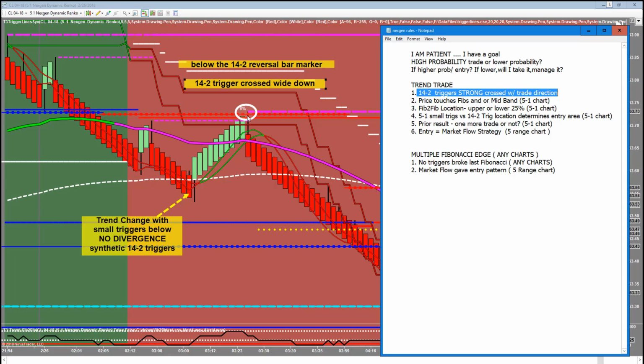And again, when you focus in on looking for high probability trend trade shorts, the other thing you're going to think about, as you're getting to prior divergence and resistance and mid bands and triggers, is where we're going. We're going to go from resistance down to Fibonacci support, assuming nothing gets in the way.